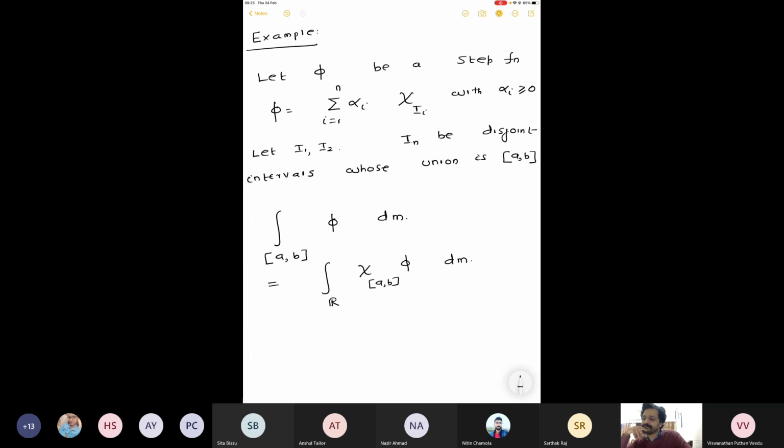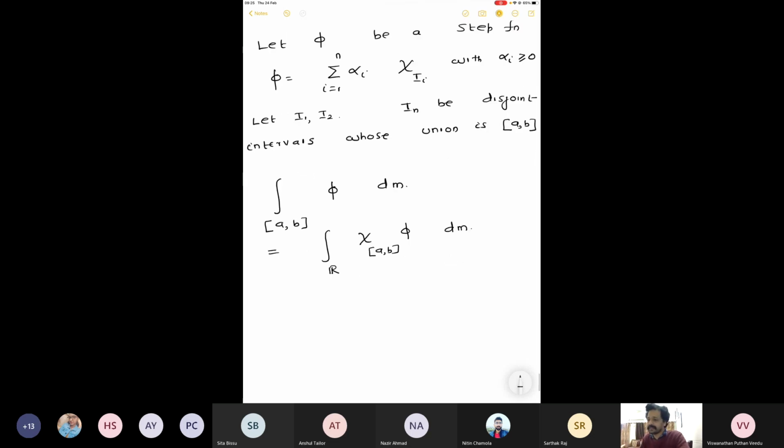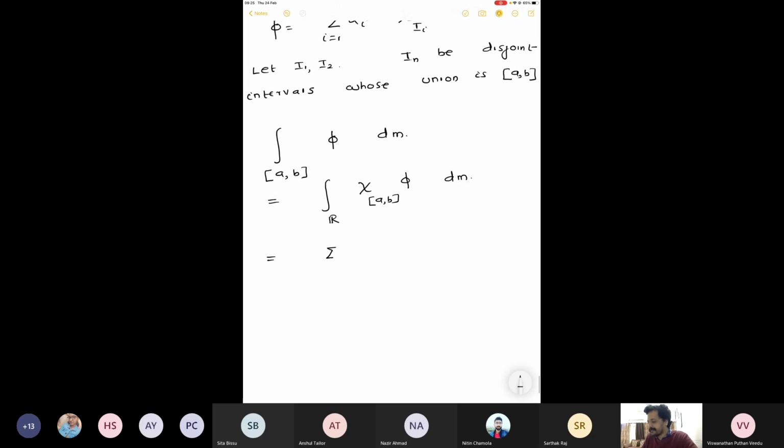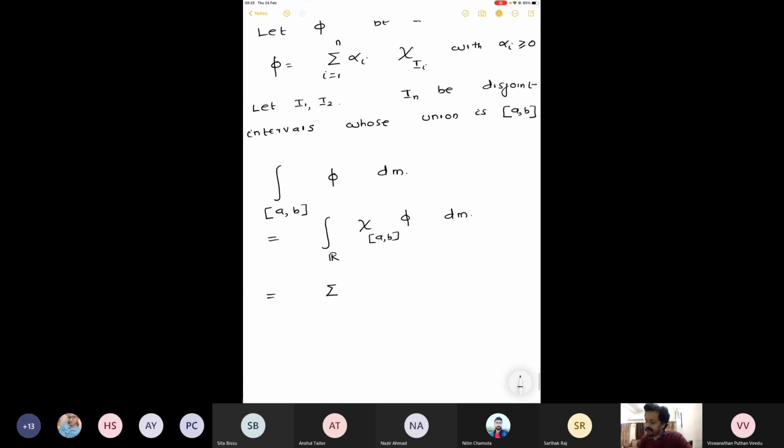Is that okay? Yes, sir. Now, for phi I don't have a canonical representation. I have only one representation. I don't know whether it is canonical or not. However, the lemma says that I can integrate it, right? How do I integrate? This will be equal to the summation of alpha_i times the measure of I_i intersection [a, b], but anyway, everything is inside [a, b].